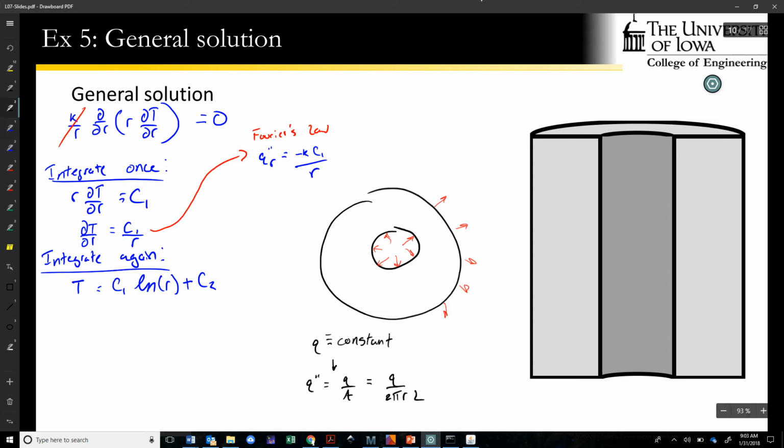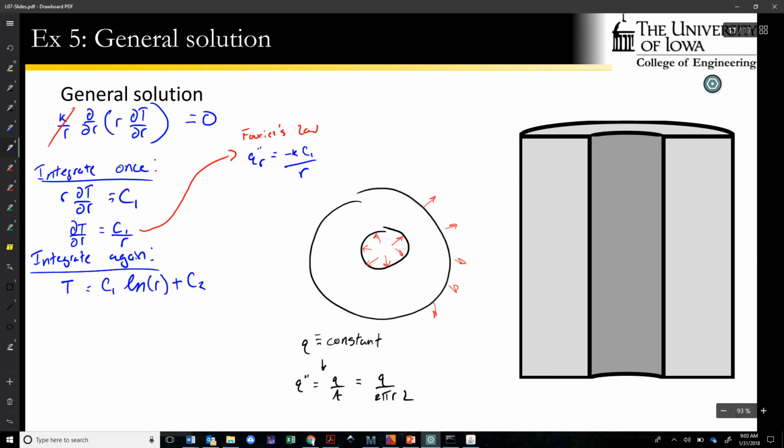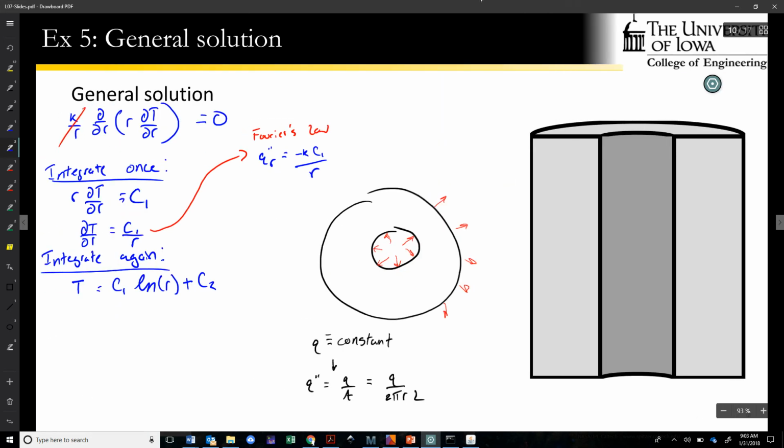So if we know C1 and we know k, then we can find the heat flux as a function of r, or we could find the heat rate, negative k C1 over r times, in this case, 2 pi r times L, so those r's will cancel out, and we end up with the result that the net heat rate is constant, as we posited here. So this is all consistent.